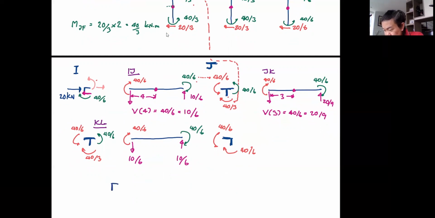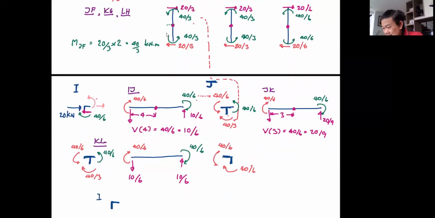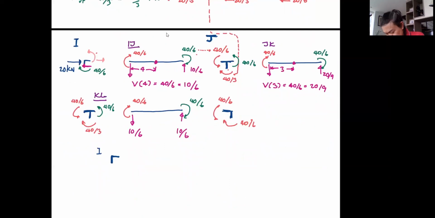So this is again joint I. From joint I, you look at member IJ, let me draw all the joints.